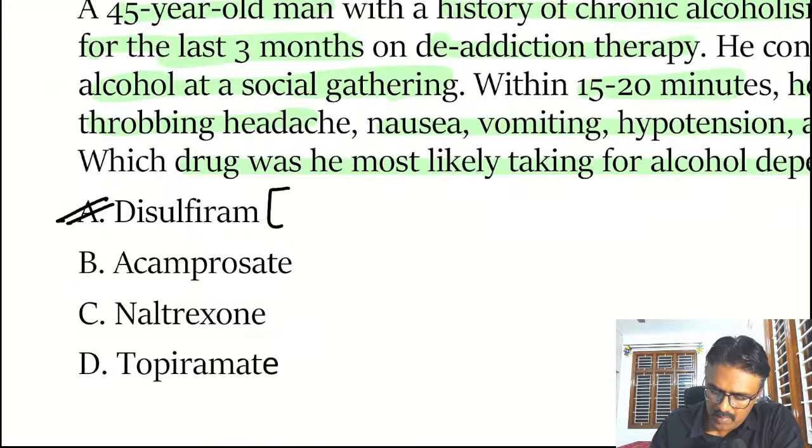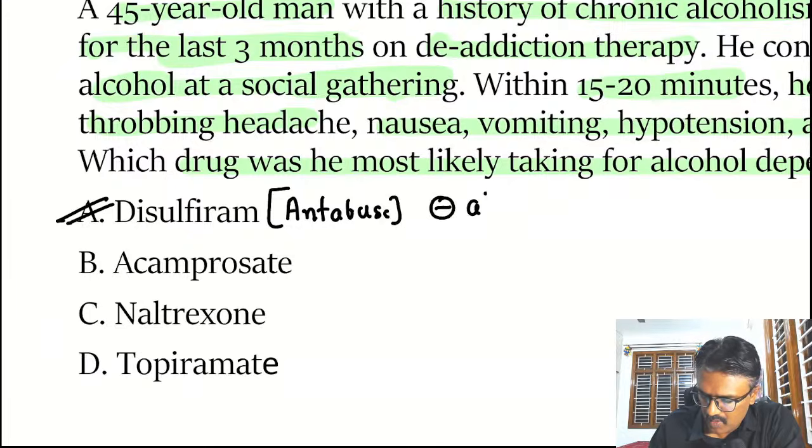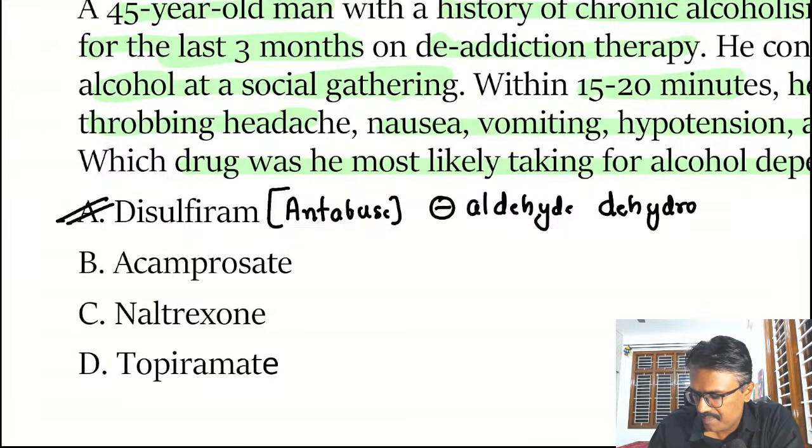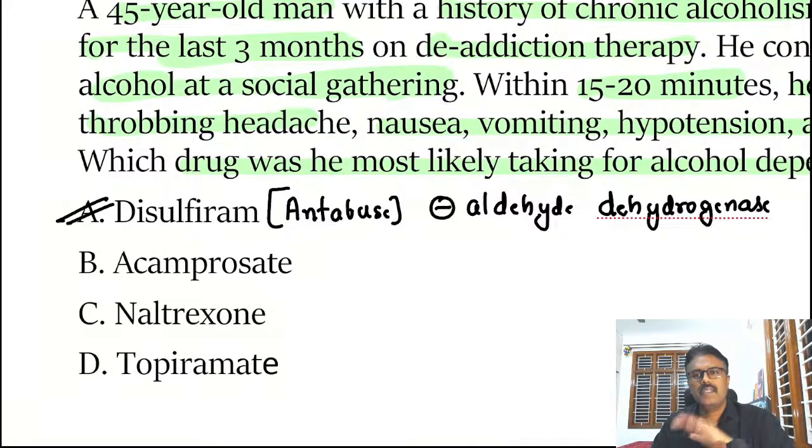Disulfiram is also called by another name, Antabuse. This drug inhibits an enzyme called aldehyde dehydrogenase. So what happens if you inhibit this enzyme? The acetaldehyde level goes up and that is going to cause a disulfiram-like reaction.